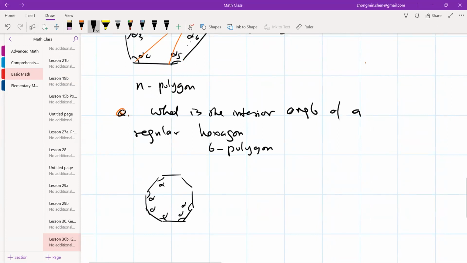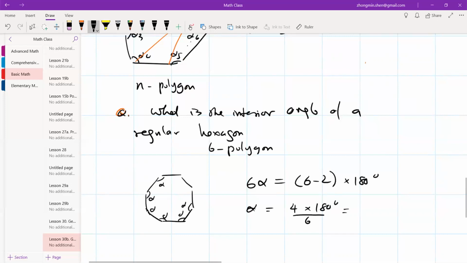Okay, so let's figure it out. The sum of the 6 interior angles will be 6 alpha, right? And this is supposed to equal n minus 2 times 180 degrees, with n being 6 sides. So alpha is going to be 4 times 180 degrees divided by 6.